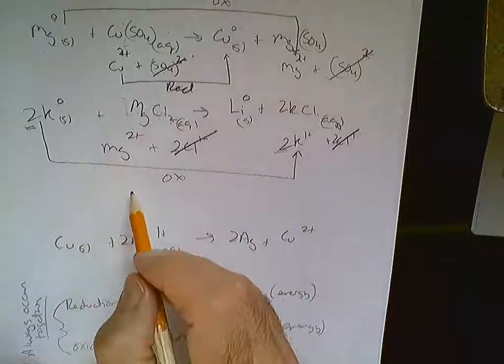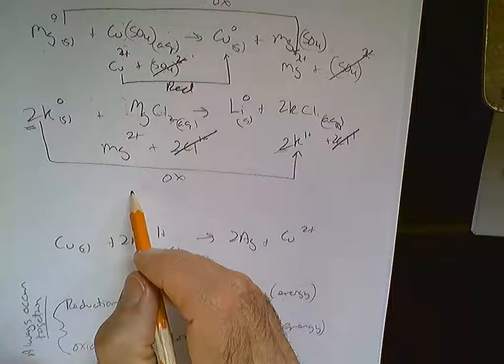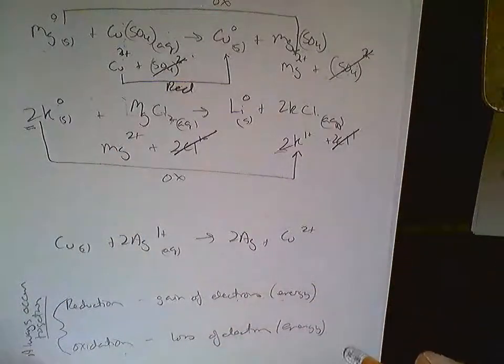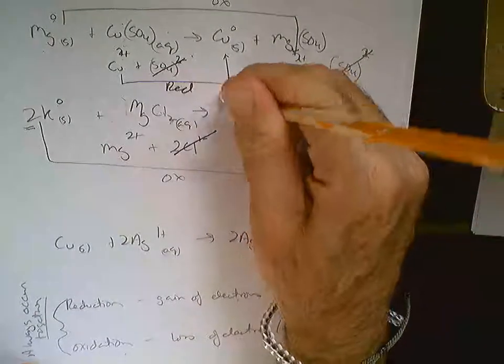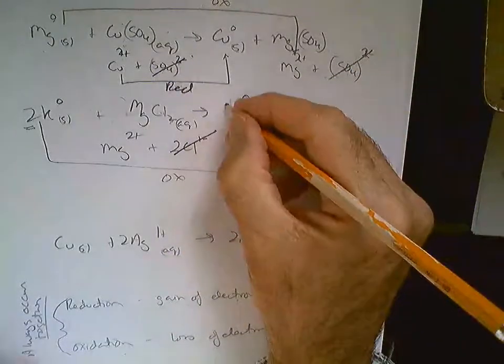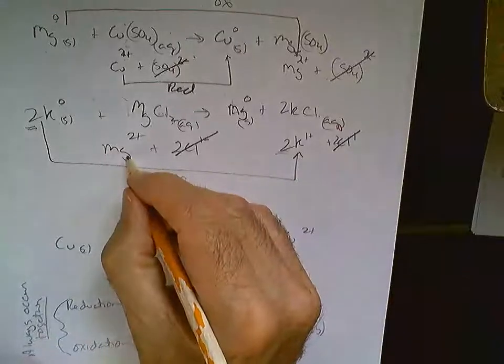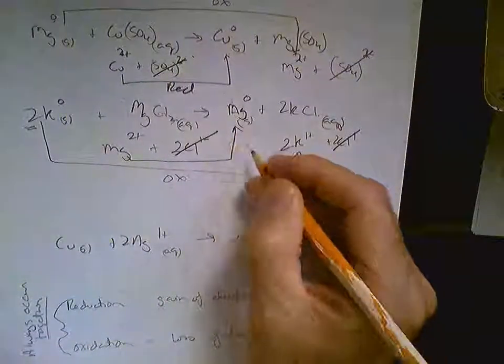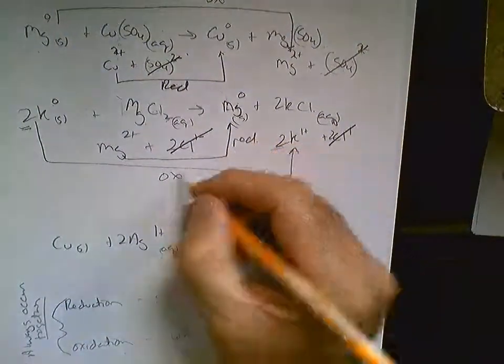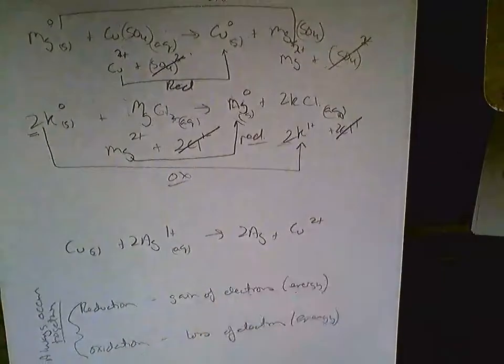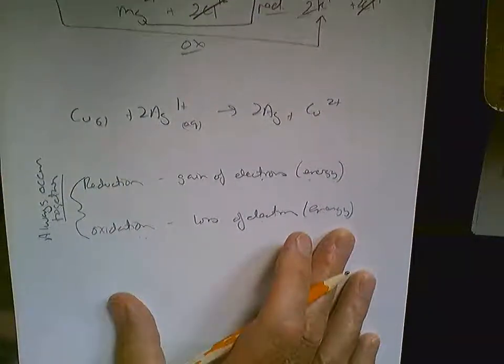Mg2 plus, the Li is supposed to be an Mg, sorry about that. Mg2 plus to Mg0 is reduced, it's going down. In these reactions, something will always be going up, something will always be going down.